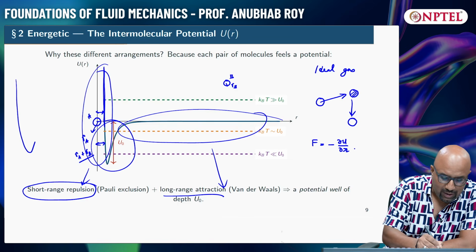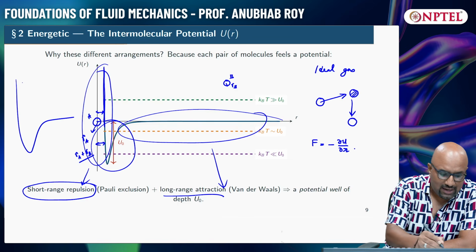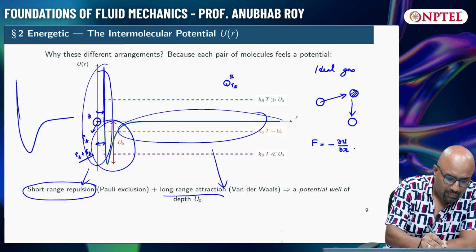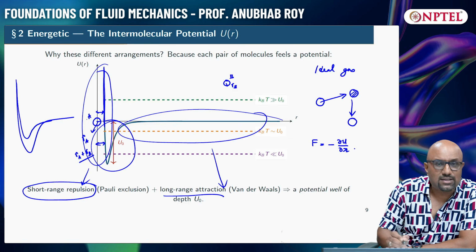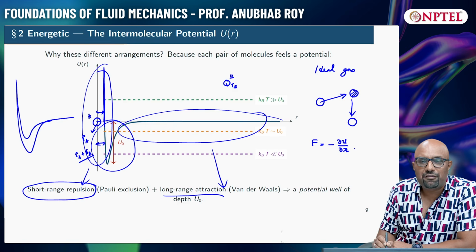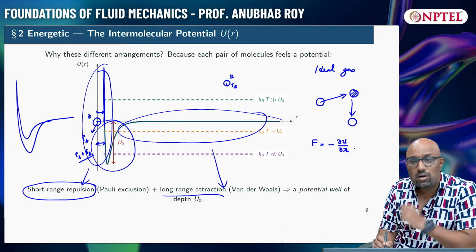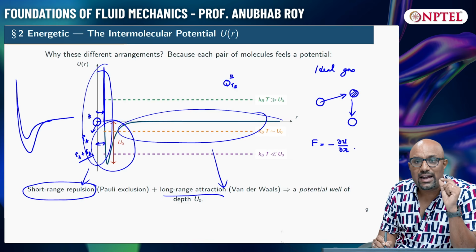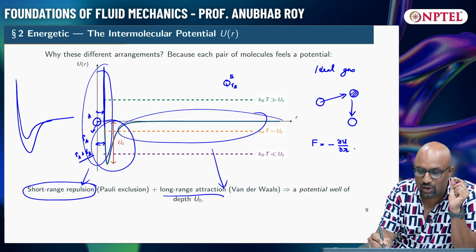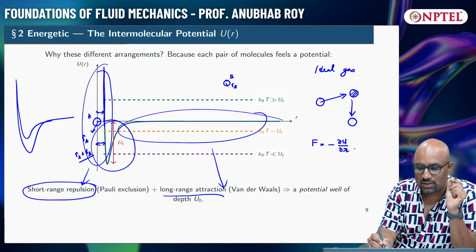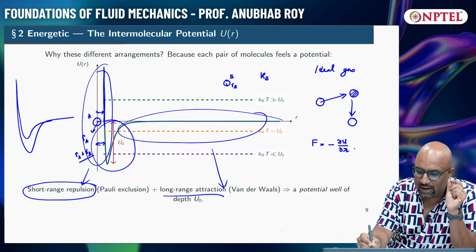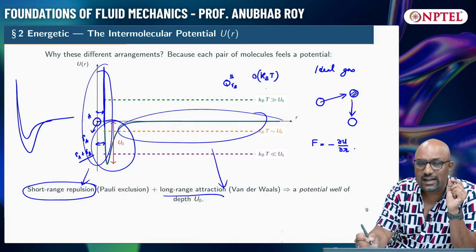So you can have a potential well which looks like this, or you can have a potential well which looks like this. Why are they of any difference? Why does it matter? Because there is also an additional energy that is related to thermal fluctuations, and this is of order kBT.